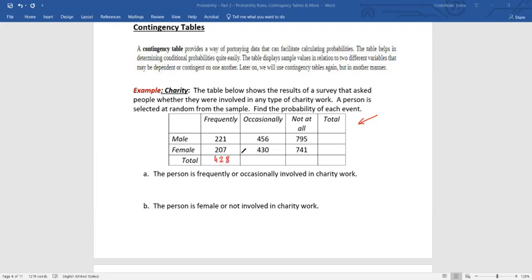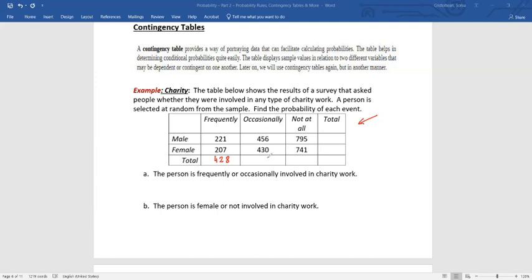And this is the first thing you should do: find the partial totals for each column or row, if that is not given in the problem.